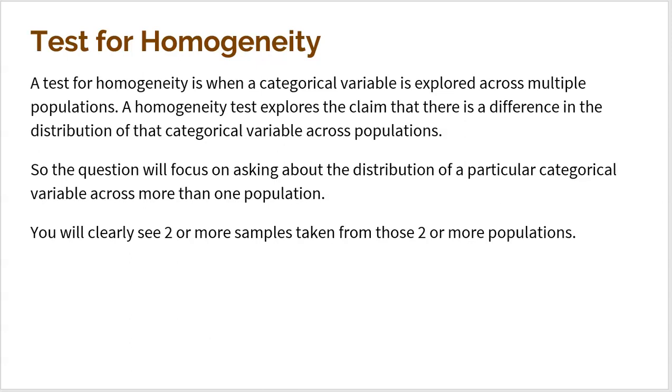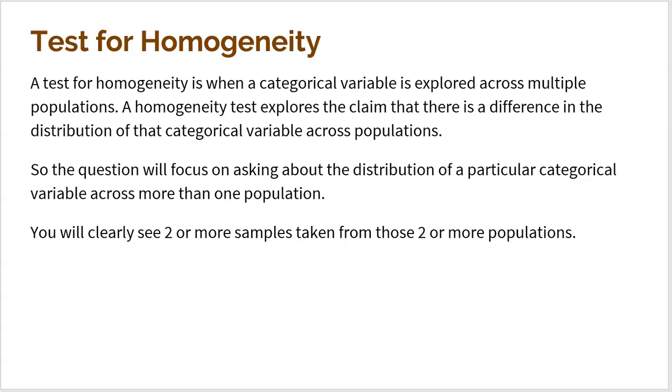And what we're looking for is, is there a difference in those distributions of car manufacturers across those populations? And the null would be that there is no difference. So, for example, if 10% of people in the United States have a Ford, well, then 10% of people in Canada have a Ford, 10% of people in Germany have a Ford, 10% of people in Russia have a Ford. That would be what we mean by it being the same. And then the alternative is that there is a difference.